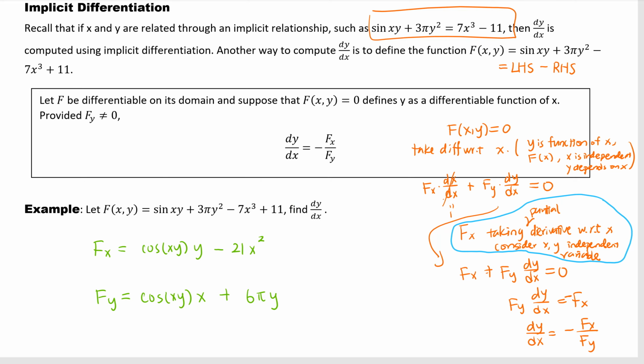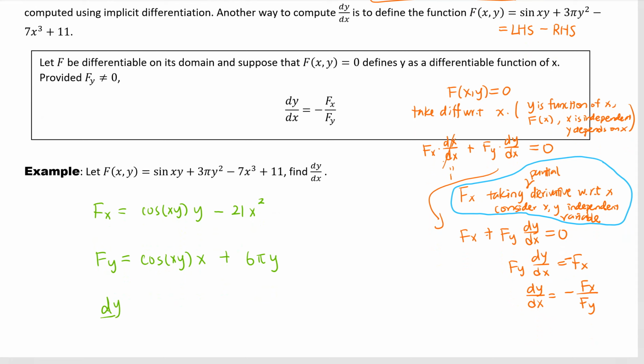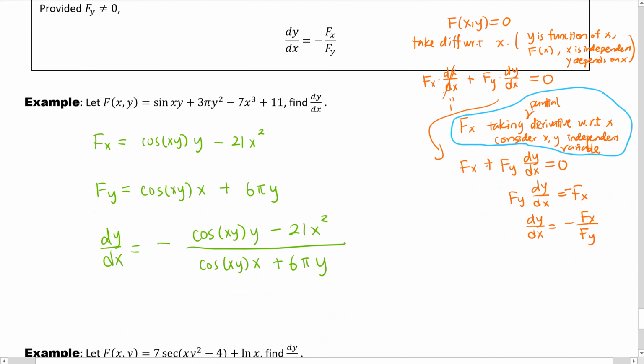So now dy/dx is minus fx over fy, which is negative cosine xy times y minus 21x squared, over cosine xy times x plus 6 pi y. So far so good.